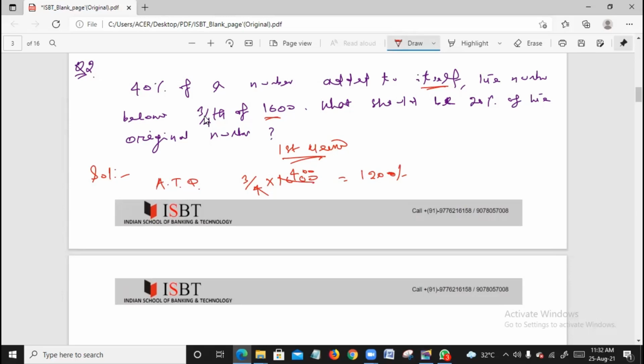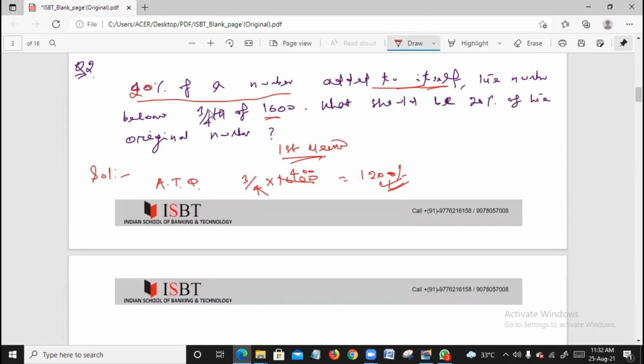But the question said 40% of the number added to itself, the number became this. Now suppose we change the question to 20%. We have changed the question to 20%. 20% of the number added to itself, the number became this.